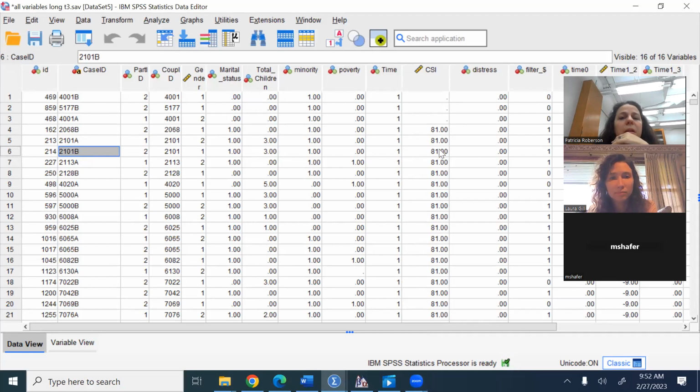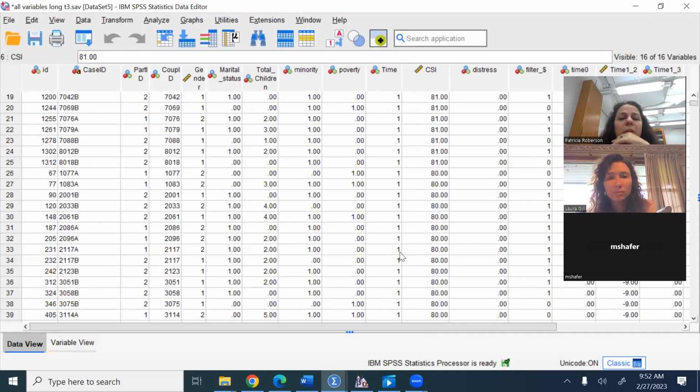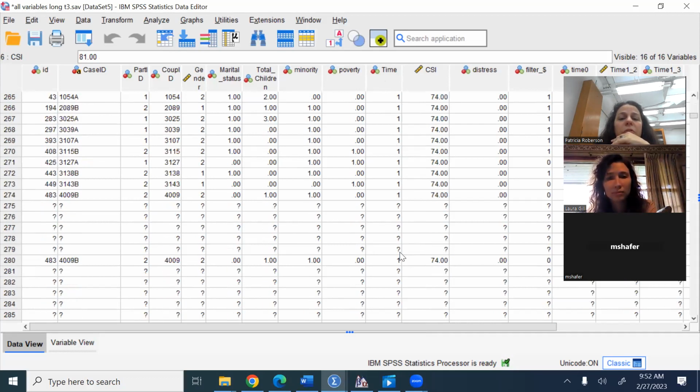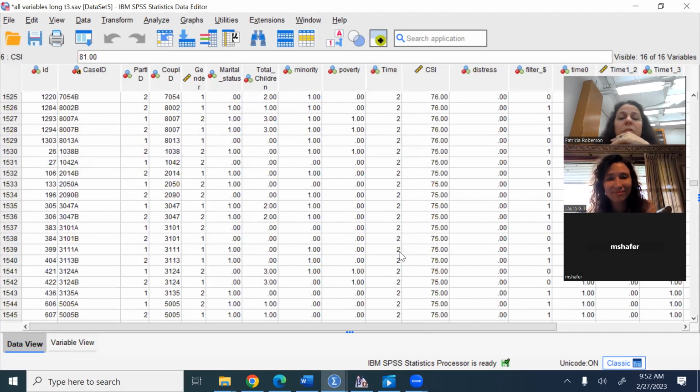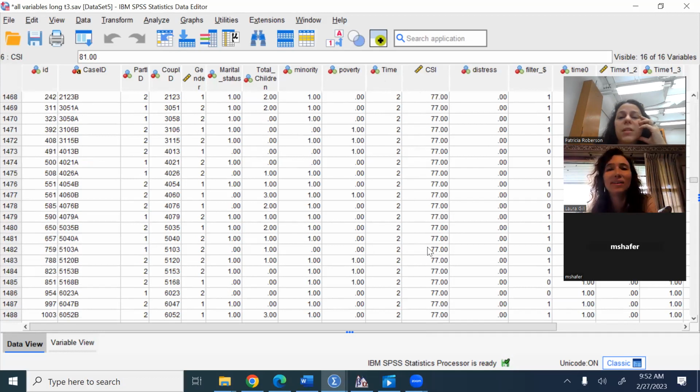And here, this is a couple satisfaction index, 8181. So you look at the time variable here, and it's 1. And then if you scroll down long enough, there are like 1,000 people in this, you see time 2, right? So you see the same variable is conflict, couple satisfaction index, the CSI, and then it goes to 2.